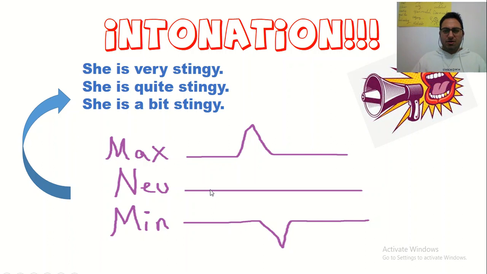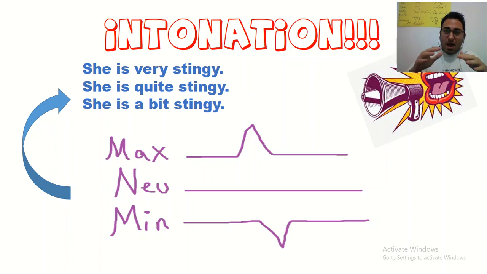Okay? So, as you can see here, for the maximizer, I increased my voice because it is not only a matter of language, it is a matter of your gesture and emotion. Because you are so emotional, you are going to emphasize something, so you may increase your voice.